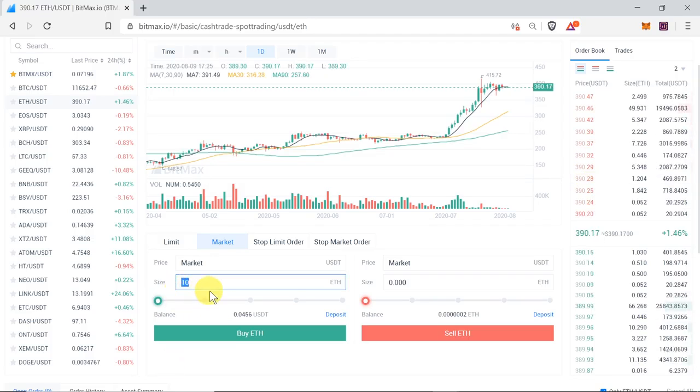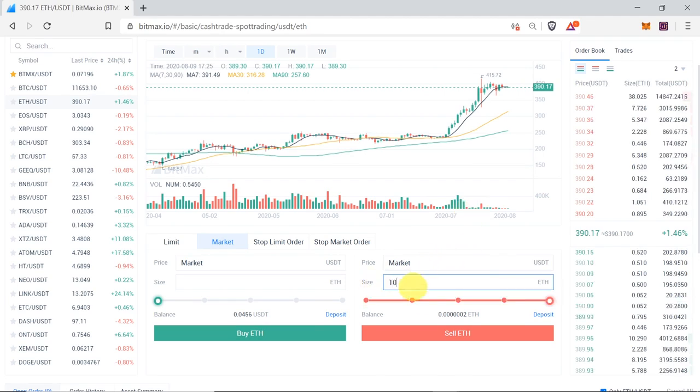Now, when it comes to a sell order, it will of course work similarly. So over here we would type in the size of how many Ethereum we want to sell. So let's say we want to sell 10 Ethereum by the market. It will work exactly the same. The only difference is that it will be selling to people over here.